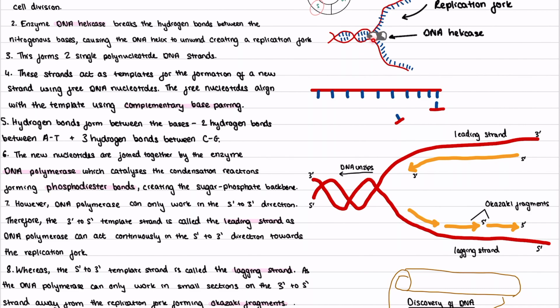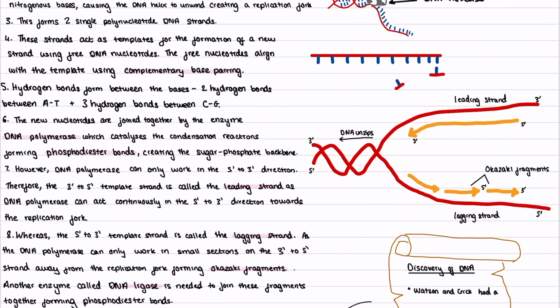Once the DNA has been unzipped, 2 single polynucleotide DNA strands form. These strands act as a template for the formation of a new strand using free DNA nucleotides. The nucleotides align with the template using complementary base pairing.